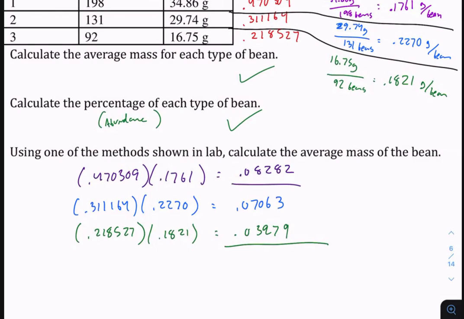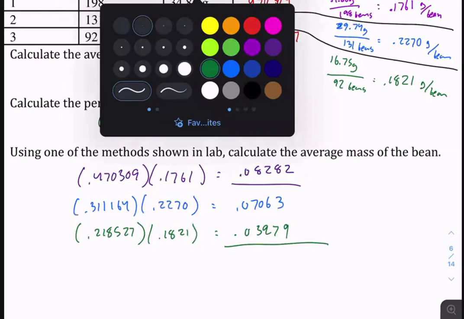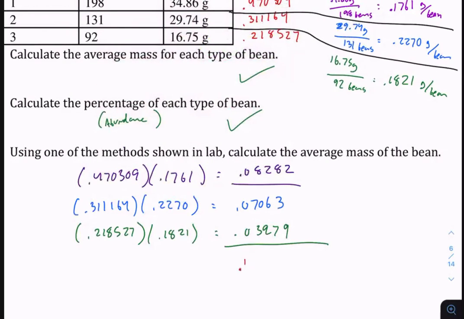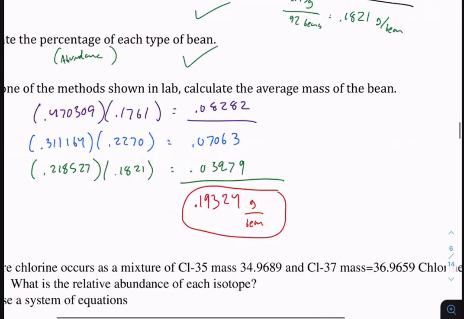They all have 5 decimal places, so the average is 0.19324 grams per bean. And this is the average according to the weighted method.